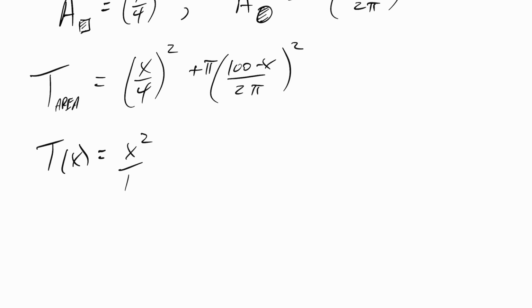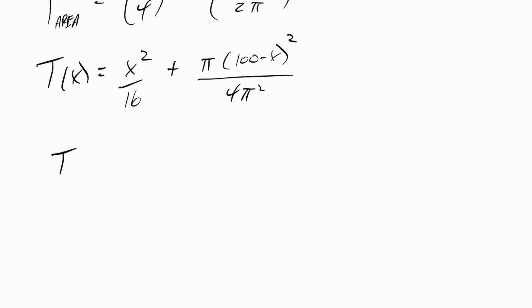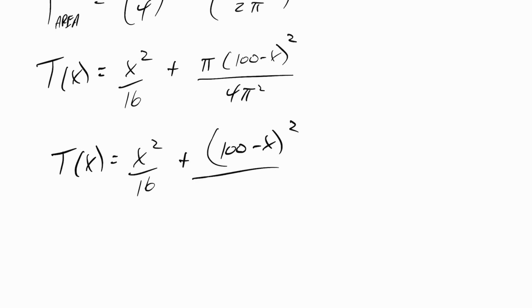This will be X squared over 16 plus pi. I'll leave the 100 minus X not expanded out, but I'll expand out the bottom, which gives me 4 pi squared. Therefore, the total area of these two shapes is going to be X squared over 16 plus 100 minus X quantity squared over 4 pi.